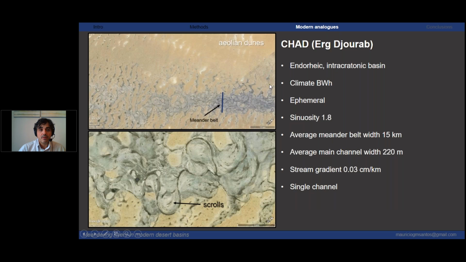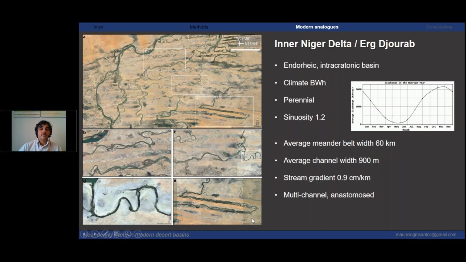In an ephemeral system in the Sahara, we have this endorheic intracratonic basin, also a hot arid climate, and again various paleochannels preserved, with scroll preservation as well. The inner Niger Delta, also in the Sahara, has a not so flashy discharge and the same climate, a multi-channel system with sinuous anabranches.